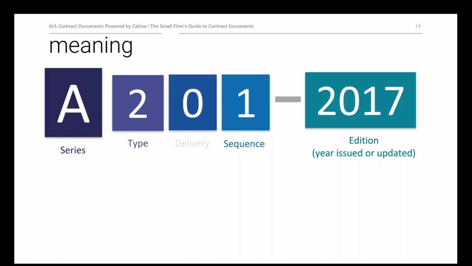One more thing, the last group of numbers is the year of publication. So each time we update documents, we put the year of the update or that we've reissued them, so people understand whether they're working with the most recent document or when it was last updated.